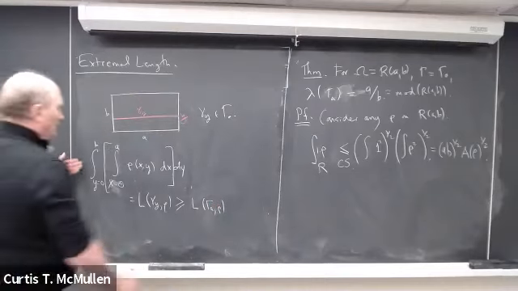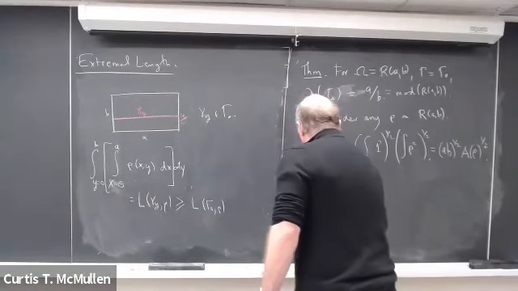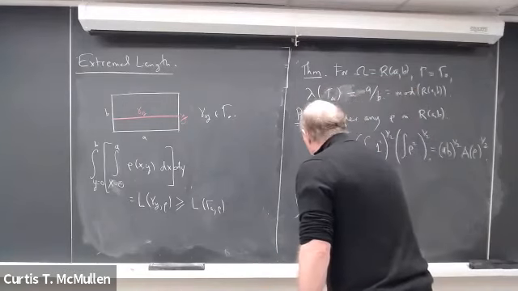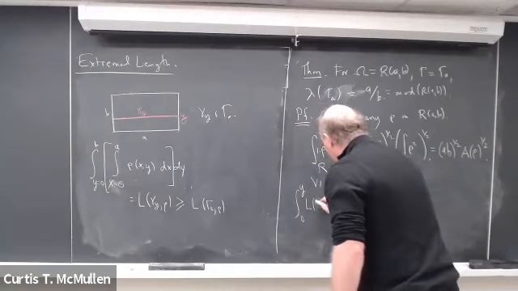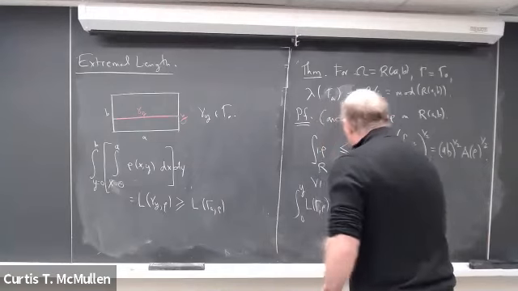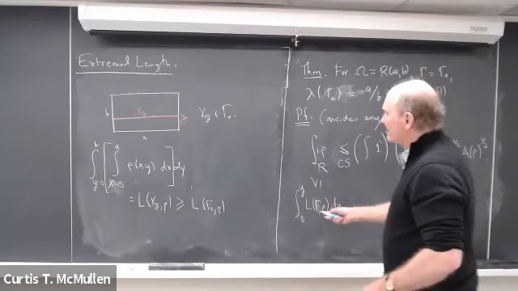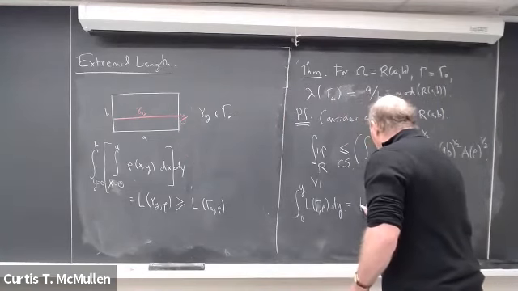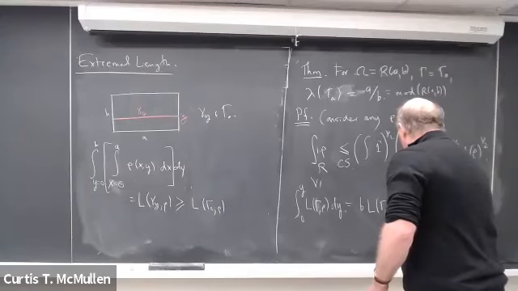So this integral here is greater than or equal to the integral from 0 to b of L of gamma A, rho dy. Well, this is a constant. So when we integrate dy, we just get a b coming out in front. So this gives b times L of gamma A, rho.